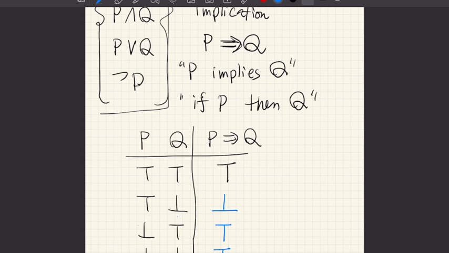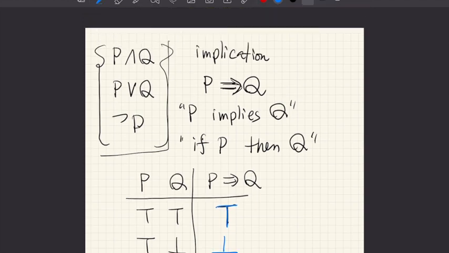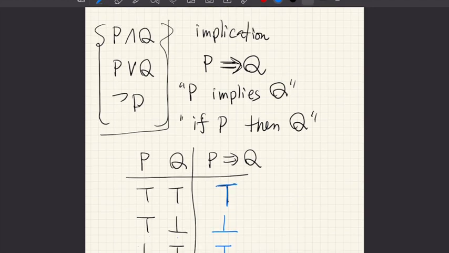What does it mean? So in implication, this P is the premise, and this Q is the consequence, right? So this means if the premise is true and the consequence is true, this whole statement should be true. That's okay.